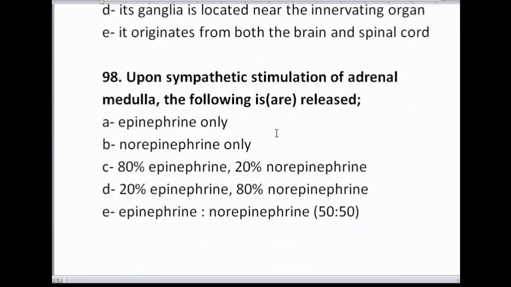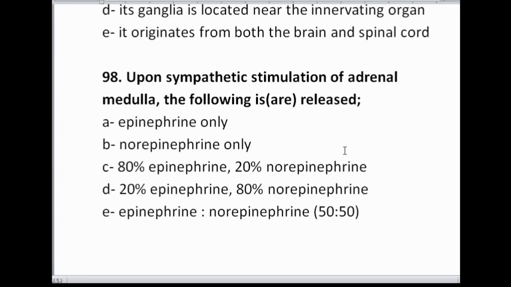Now moving on to the 8th MCQ. Upon sympathetic stimulation of adrenal medulla, the following is or are released. This is actually a physiology question. Which is released?